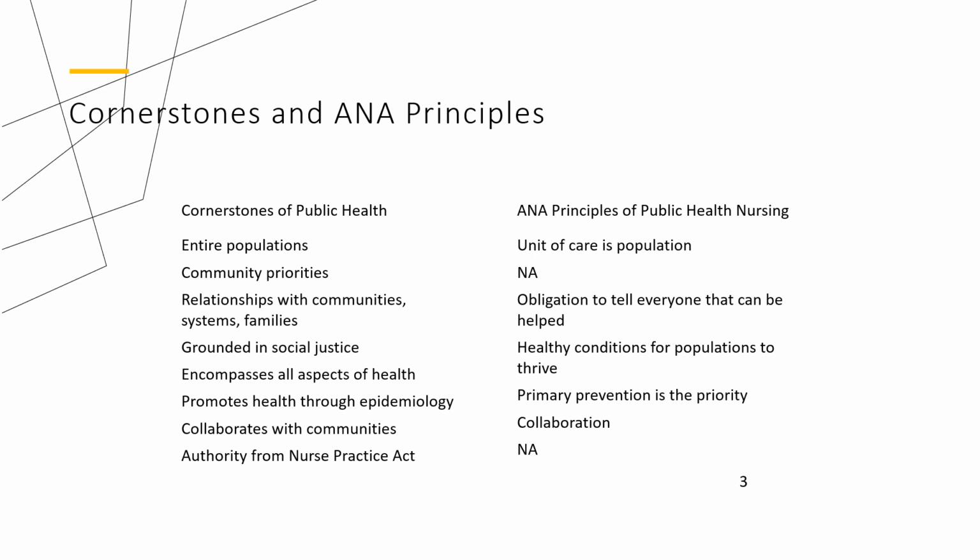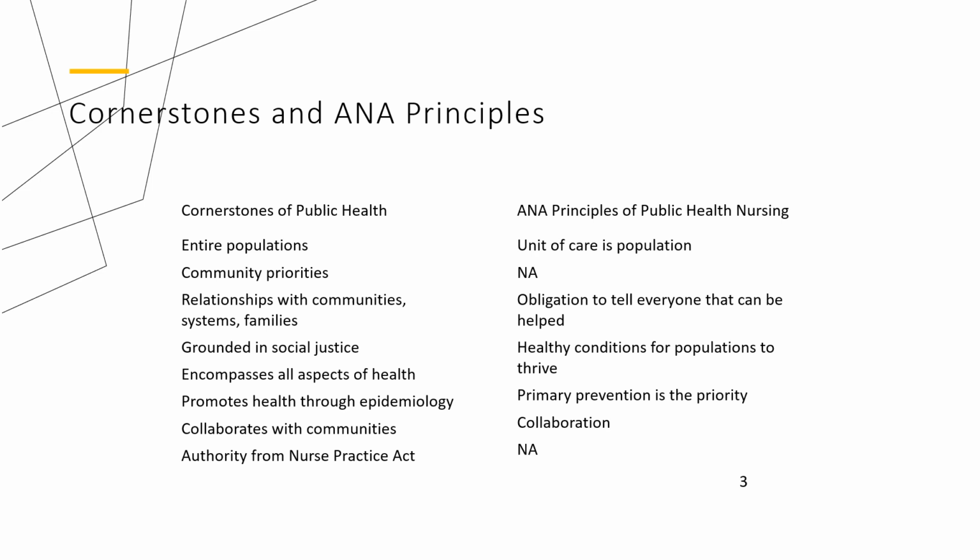The cornerstone of public health nursing is that it is grounded in social justice, compassion, sensitivity, diversity, and respect for the entire person. ANA sees a public health nurse as obligated to actively identify and reach out to everyone who might benefit from a specific activity or a service.